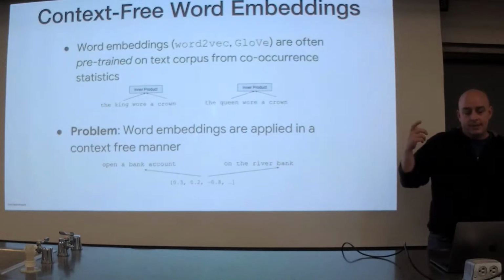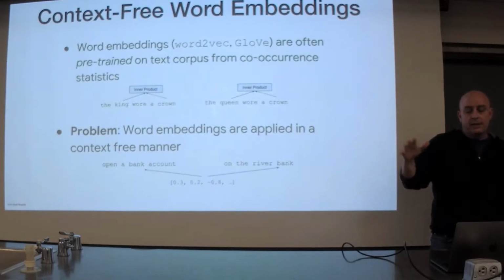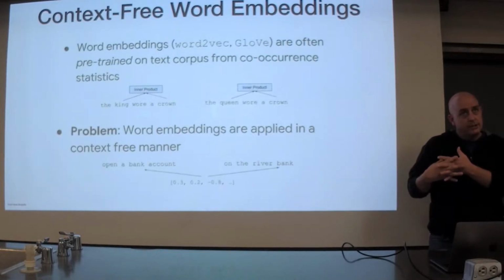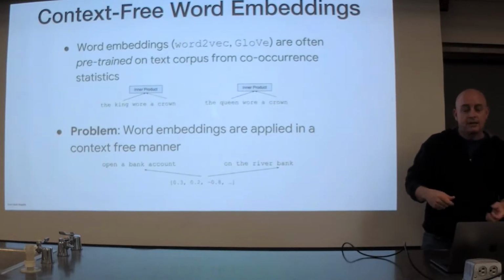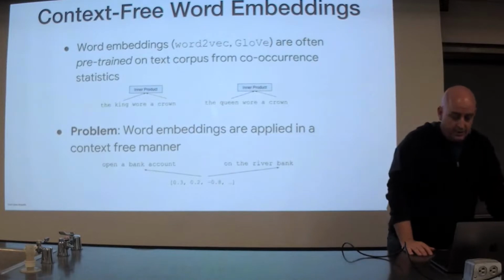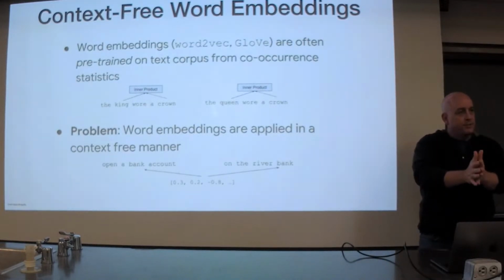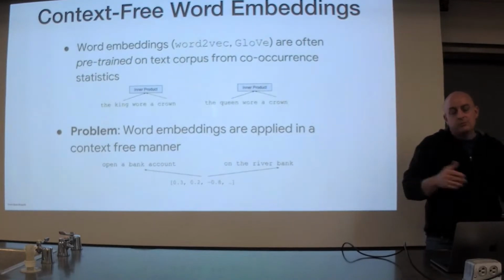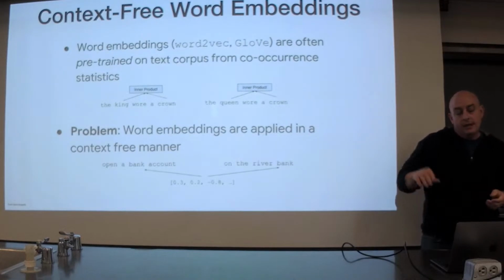There are many words like bank that have multiple meanings, but with a context-free embedding it's only going to have one embedding. Whether it means bank like money in the bank, or bank like the edge of a river, it's going to be encoded to the same place in this initial vector space. So that's probably pretty problematic if you want a really powerful language model.